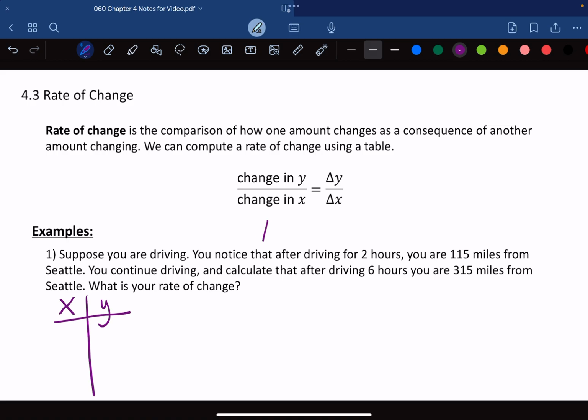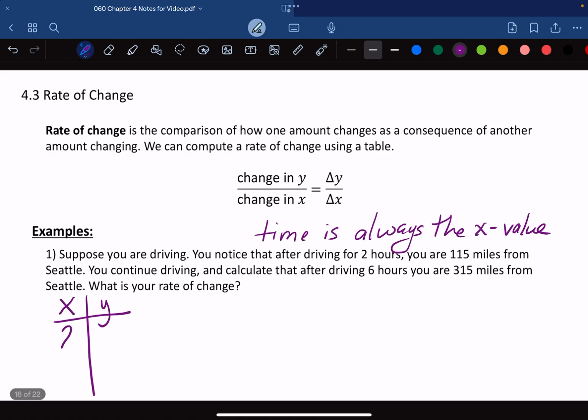Anytime you're dealing with time, time is always the x value. In your situation, you might not be dealing with time as one of your components, but if you are, that's going to be helpful for you because time is always your x value.